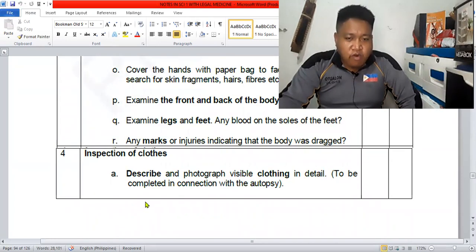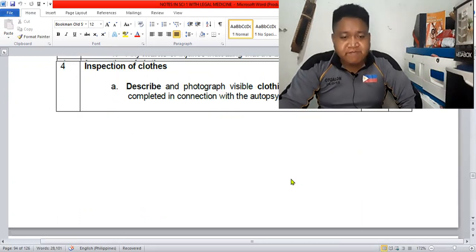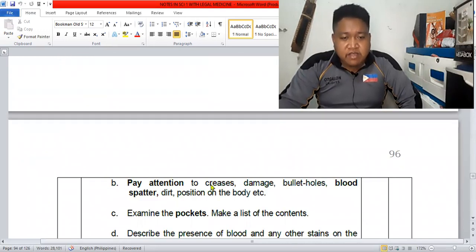Next is number 4, inspection of clothes. Describe and photograph visible clothing in detail to be completed in connection with the autopsy. Next, pay attention to creases, damage, bullet holes, blood spatter, dirt, position of the body. Examine the pockets, make a list of the contents.